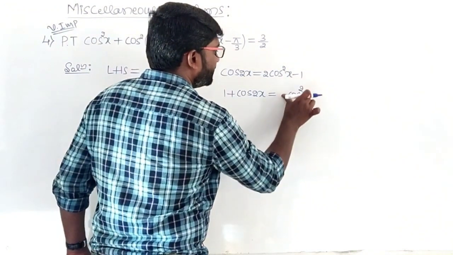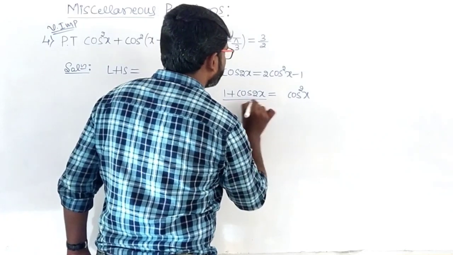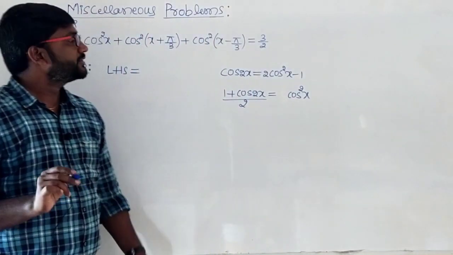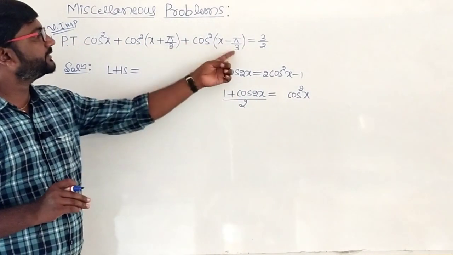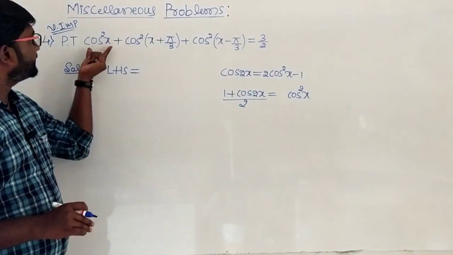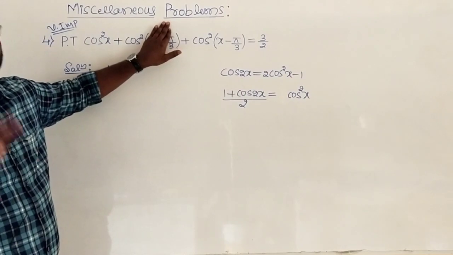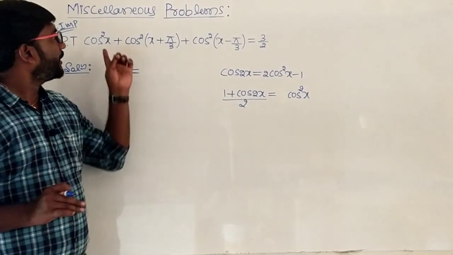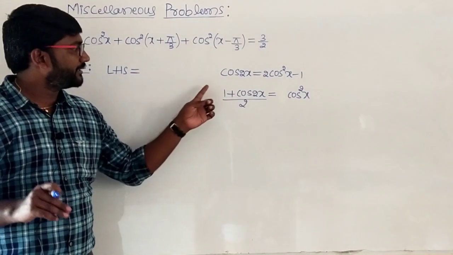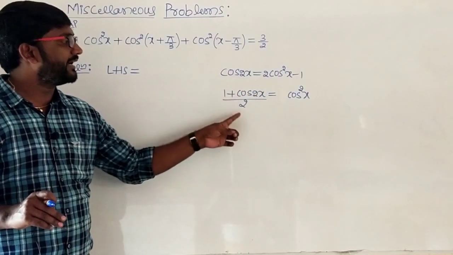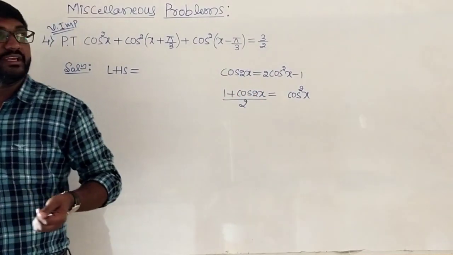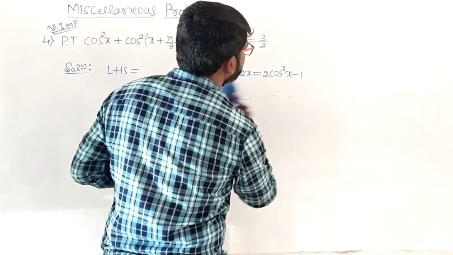So cos square x is equal to 1 plus cos 2x by 2. All these 3 functions are in the form of cos square x. This is cos square x, this is cos square of x plus pi by 3. So we have to consider this as x. So cos square x can be written as 1 plus cos 2x by 2. We have to make use of this standard formula.